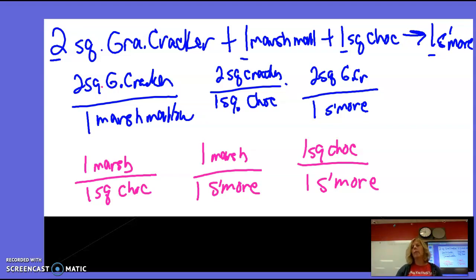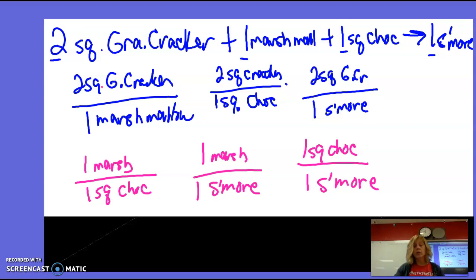What if I'm having a big party and I have to make 175 s'mores? So let's say that I have to make 175 s'mores. I'm only in charge of bringing the graham crackers, okay?